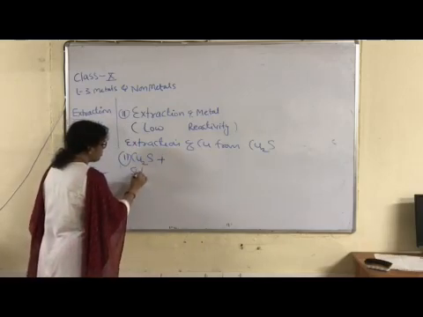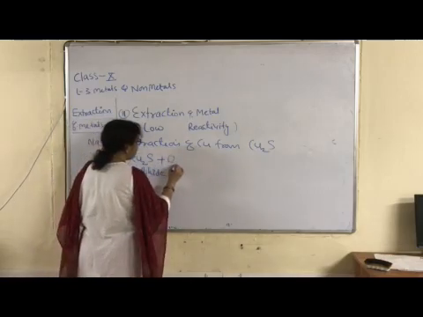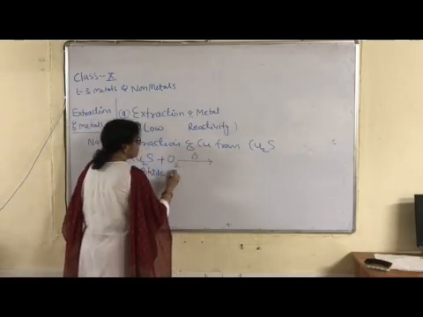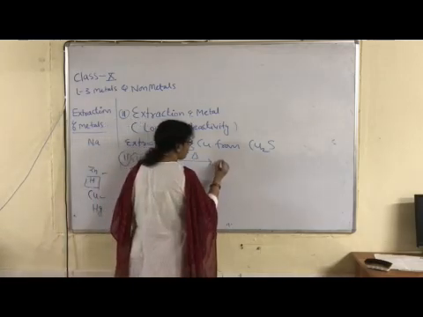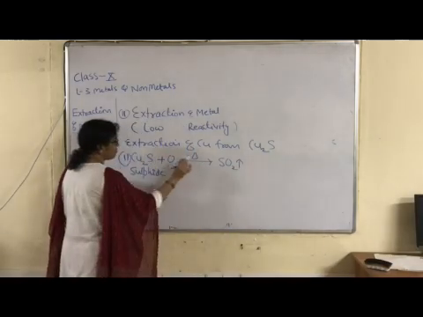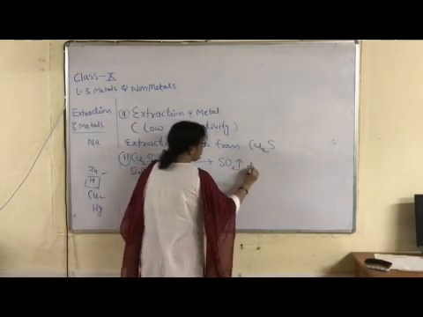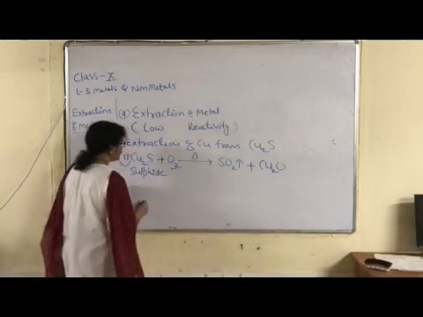This ore is a sulfide ore. What is required? Roasting. Heating at high temperature in the presence of excess of oxygen, then removal of the sulfur as sulfur dioxide gas, and conversion of copper into copper oxide.